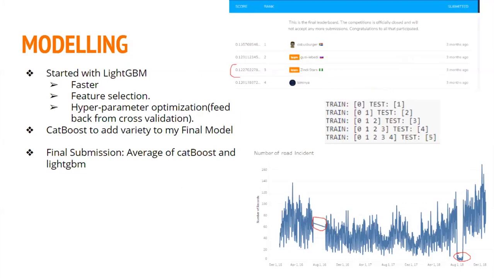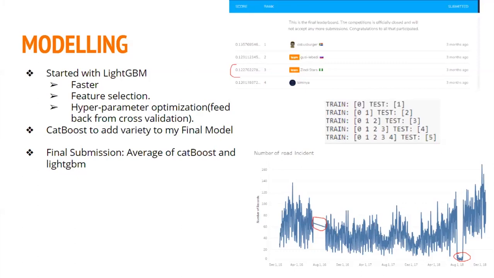Because LightGBM doesn't really overfit that much, we tried a maximum depth in the range of 10 to 15 to see how well it performs. The more it overfits, the more we try to reduce the maximum depth.